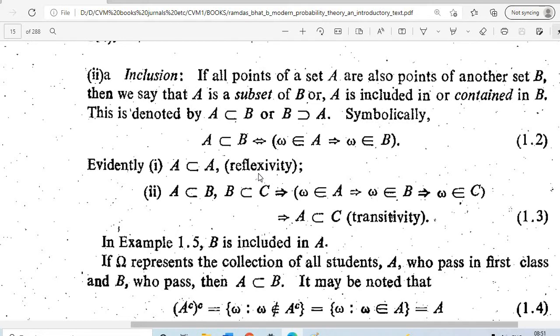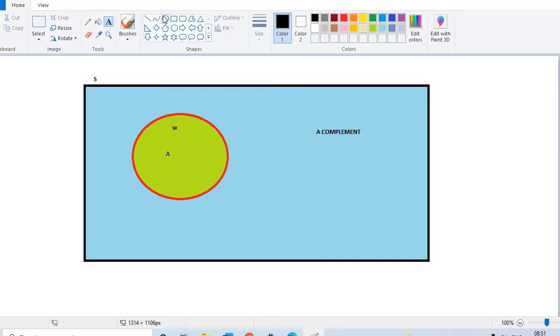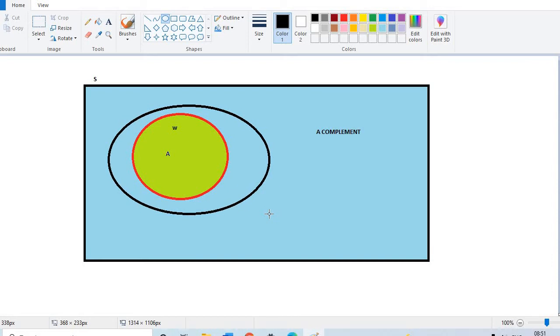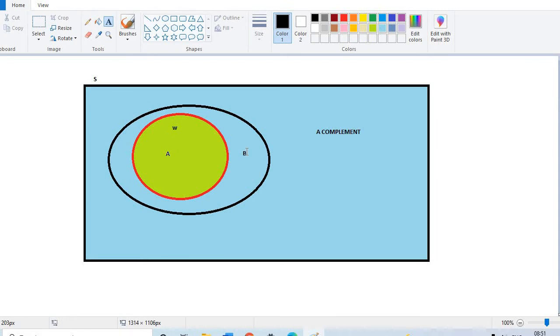Now let us take another set. Suppose this is B. So what happens?